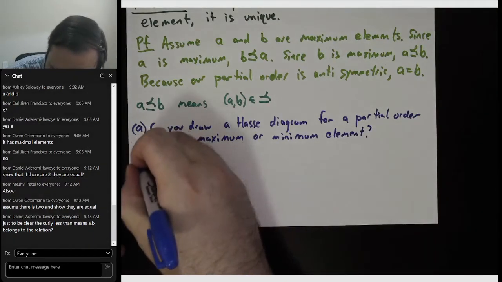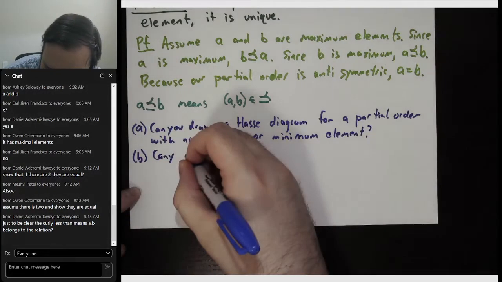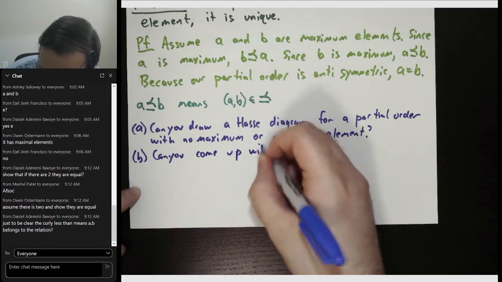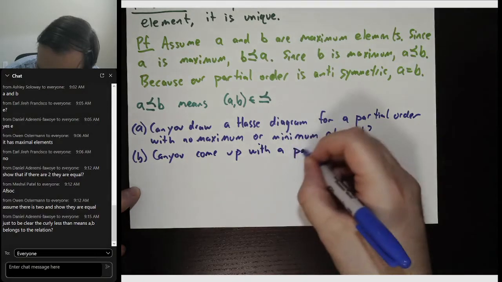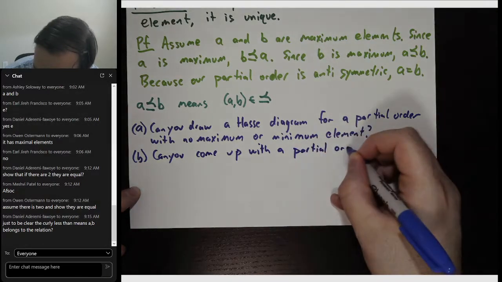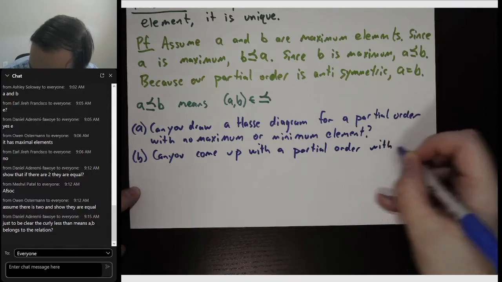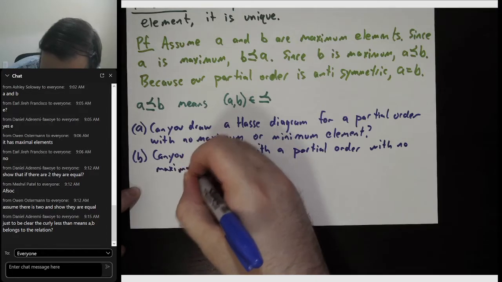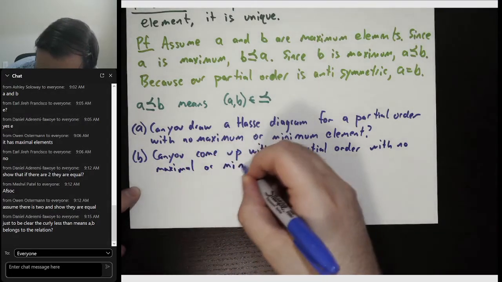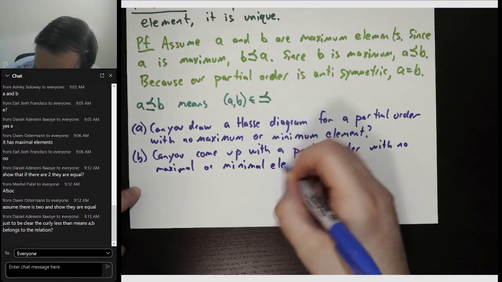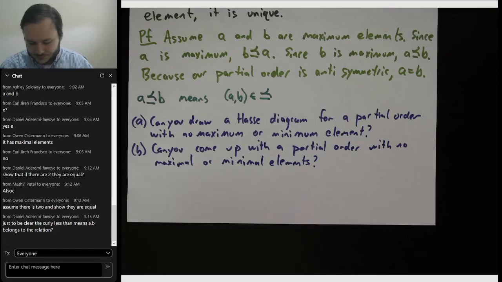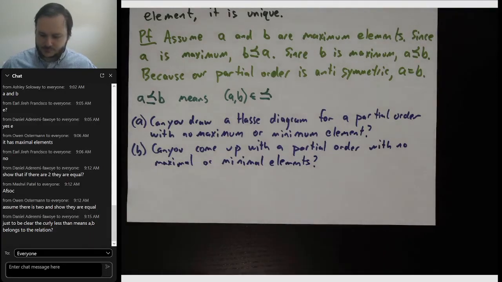And part B, can you come up with a partial order with no maximal or minimal elements? What do we think?